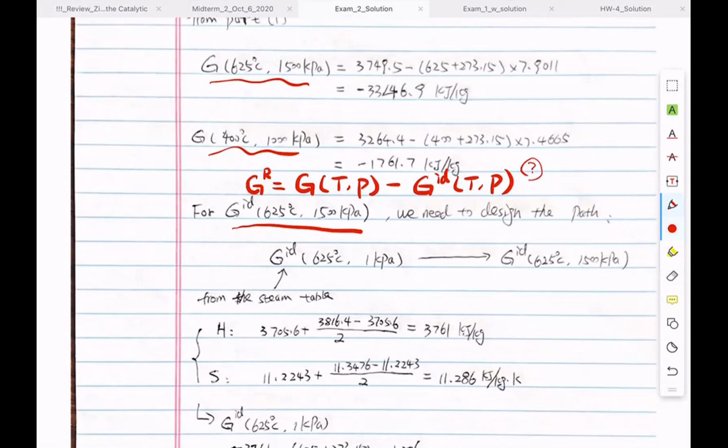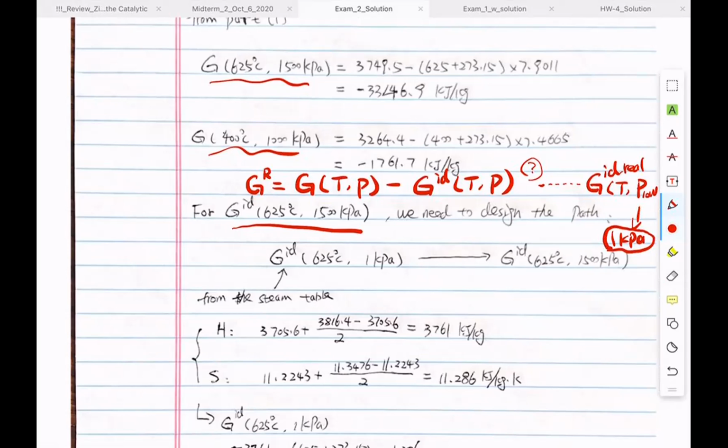However, we are able to connect these parts with the same temperature but a low pressure. And the lowest pressure we have access to would be 1 kPa. That is the special condition we have out of the steam table.